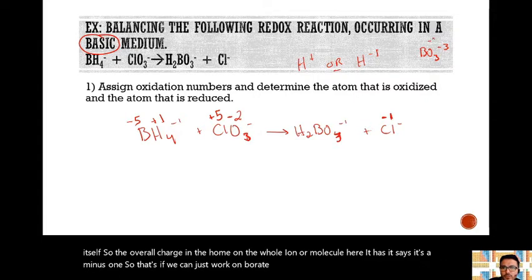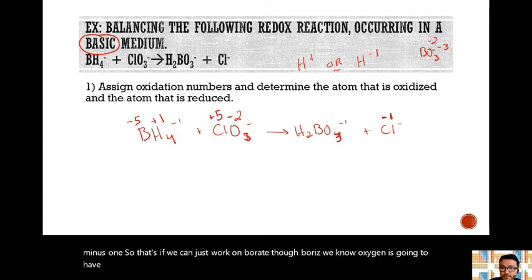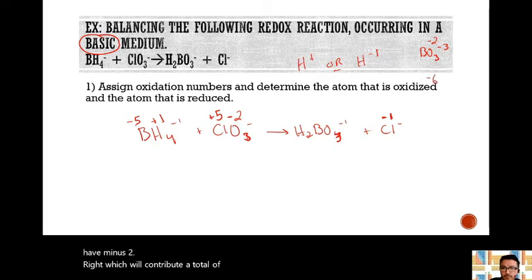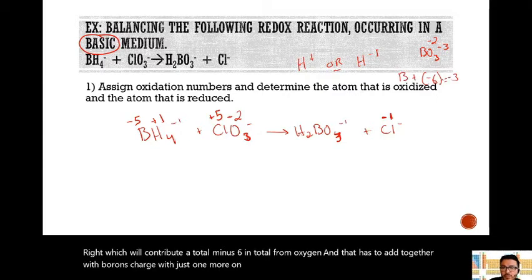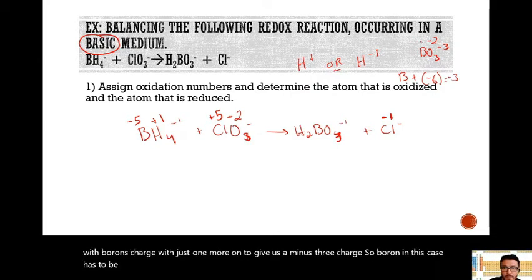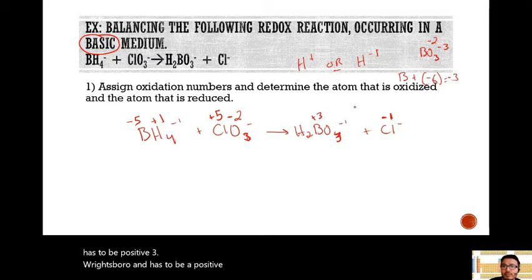We know oxygen is going to have a -2, which will contribute a total of -6, and that has to add together with boron's charge, with just one boron, to give us a -3 charge. So boron has to be a +3 to give borate that -3 charge, and oxygen is always -2.